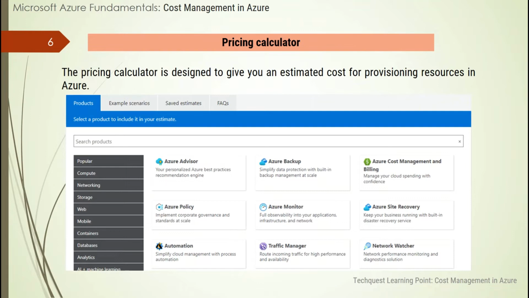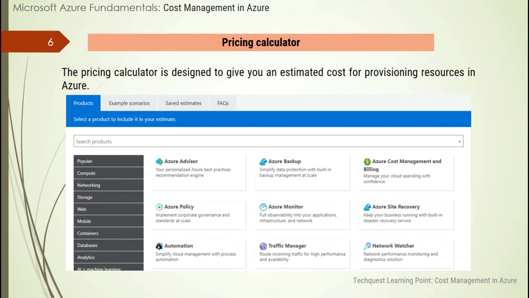Pricing calculator. The pricing calculator is designed to give you an estimate of cost for provisioning resources in Azure. You can get an estimate for individual resources, build out a solution, or use an example scenario to see an estimate of the Azure spend.